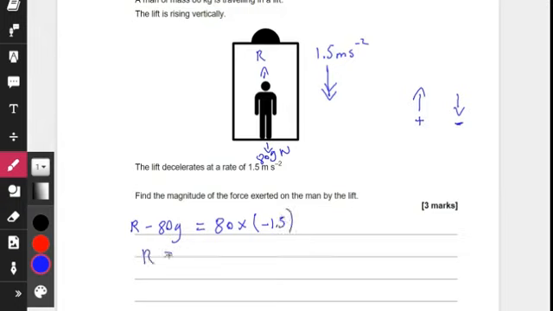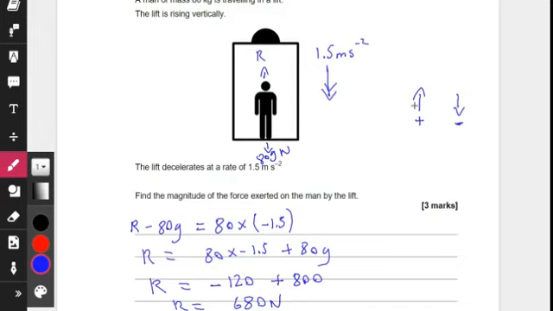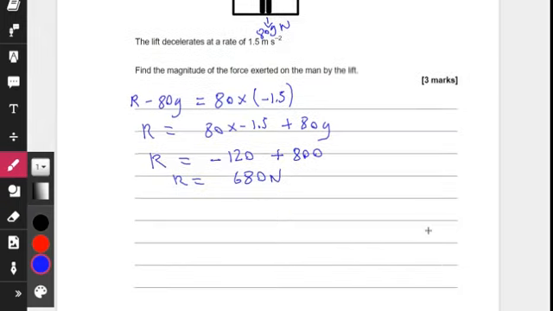So R is equal to 80 times minus 1.5 plus 80g. Minus 120 plus 800, which is 680. Yay, I got it right. Nicely done. Thanks.